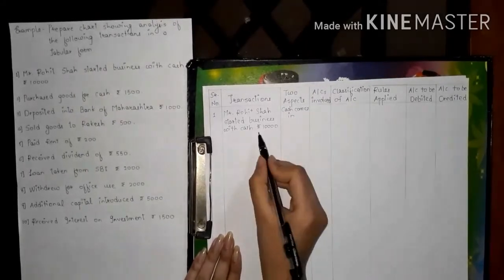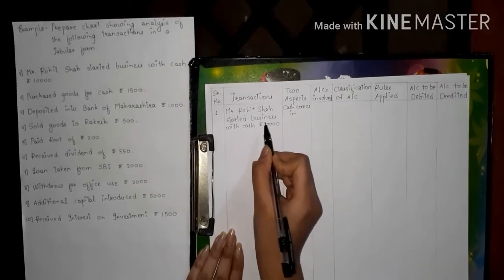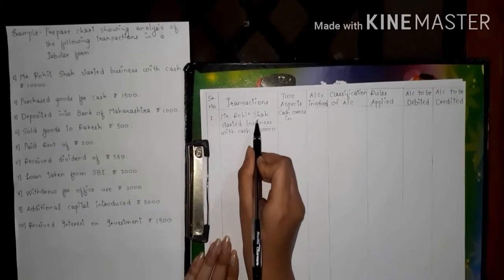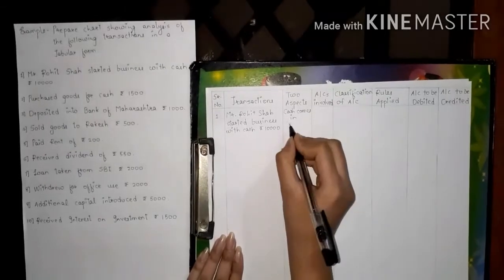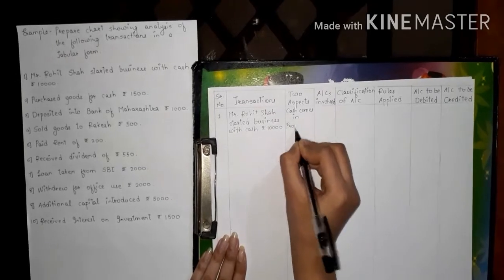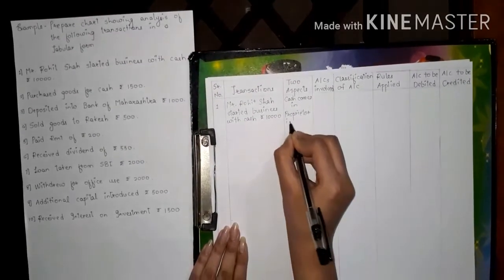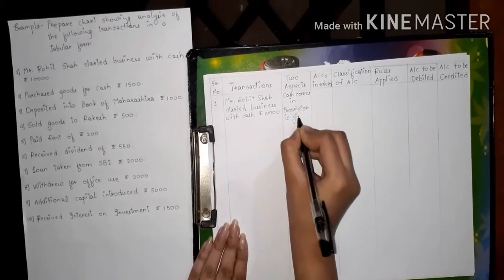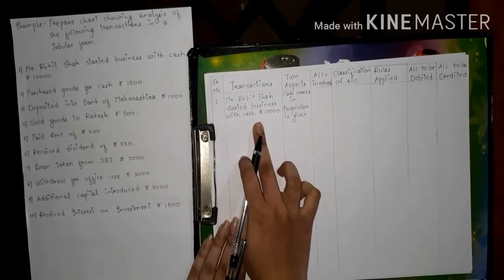Second aspect, now who has invested money into the business? Mr. Rohit Shah, that is the proprietor himself. He is the business owner, so we will write down proprietor is the giver of the capital. I am writing it in short form. Proprietor is giver. These are the two aspects of the first transaction.